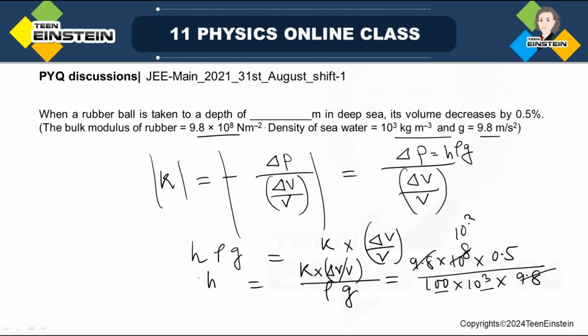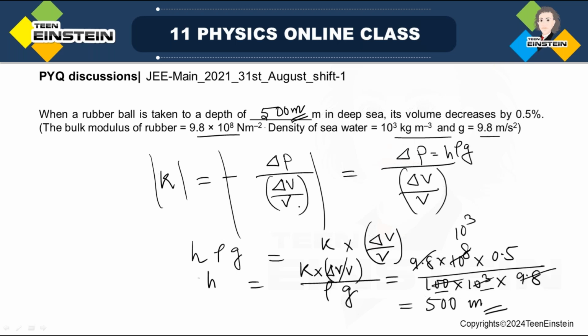Here there will be 10 to the power 3 over here. So 0.5 into 10 to the power 3 means 500. This is in meter, so this will be 500 meter. It is important here to remember the definition of the bulk modulus. Rest of the things are fine.